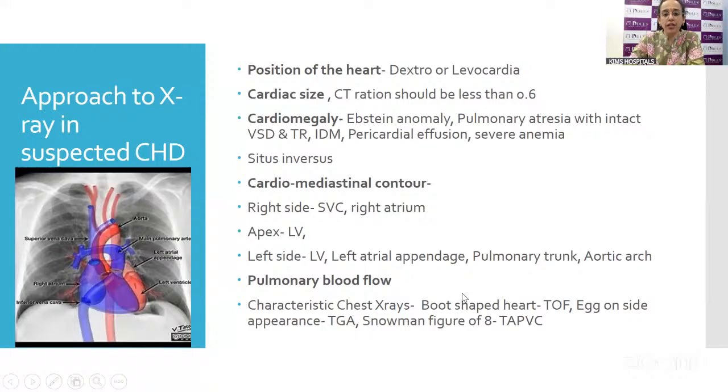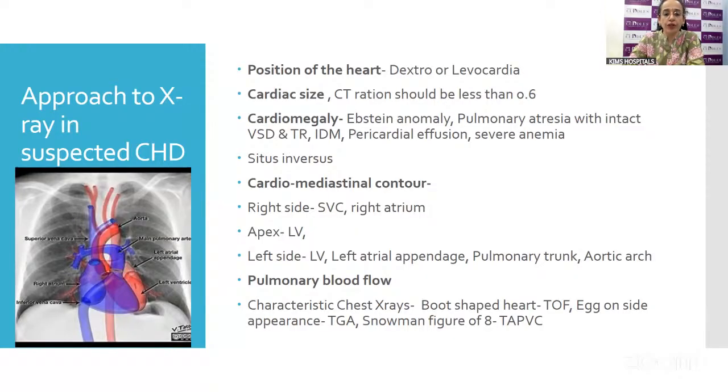Position, we should comment whether it is a dextrocardia or a levocardia, and the cardiothoracic ratio should be less than 0.6. Cardiomegaly, that is ratio more than 0.6, is seen in conditions like Epstein's anomaly, pulmonary atresia with intact VSD and TR, infant of diabetic mother, pericardial effusion, and severe anemia. These are the causes of cardiomegaly.